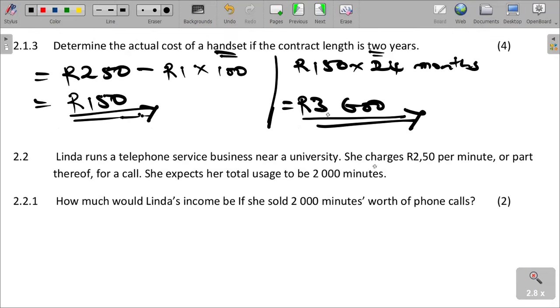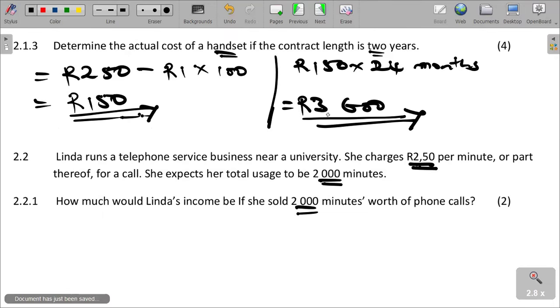She charges R2.50 per minute or a part thereof for a call. She expects a total usage to be 2,000 minutes. How much would Linda's income be if she sold 2,000 minutes worth of phone calls?